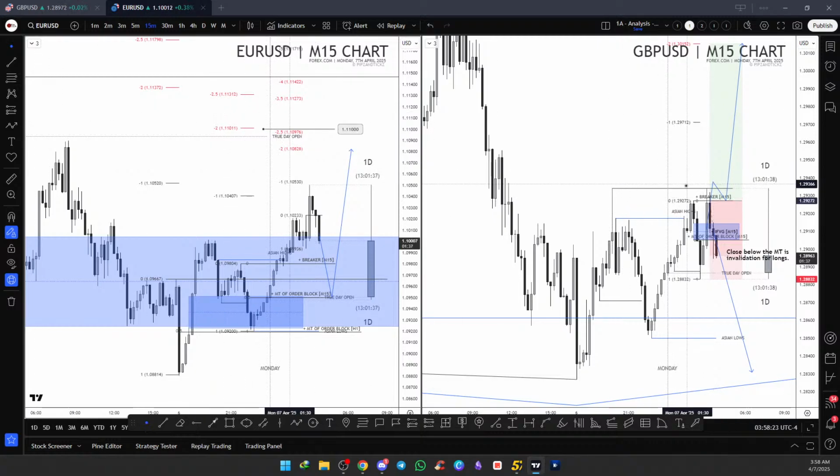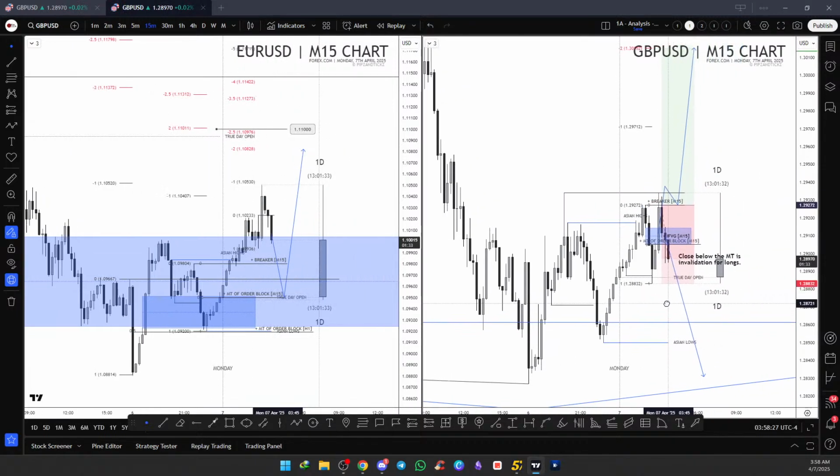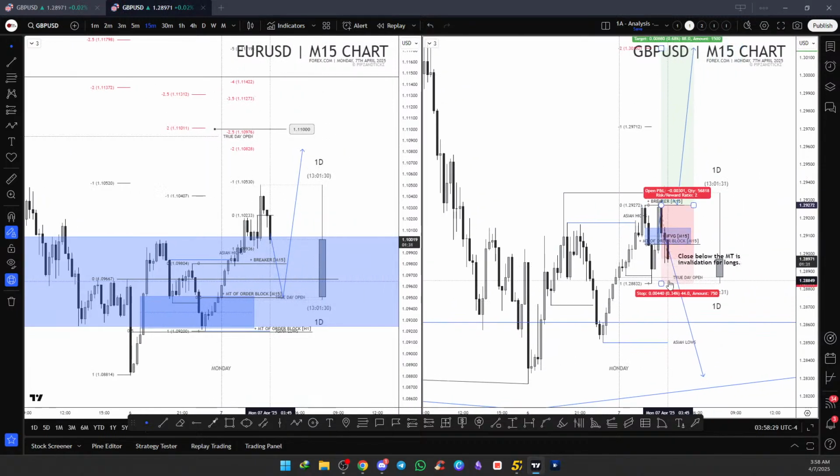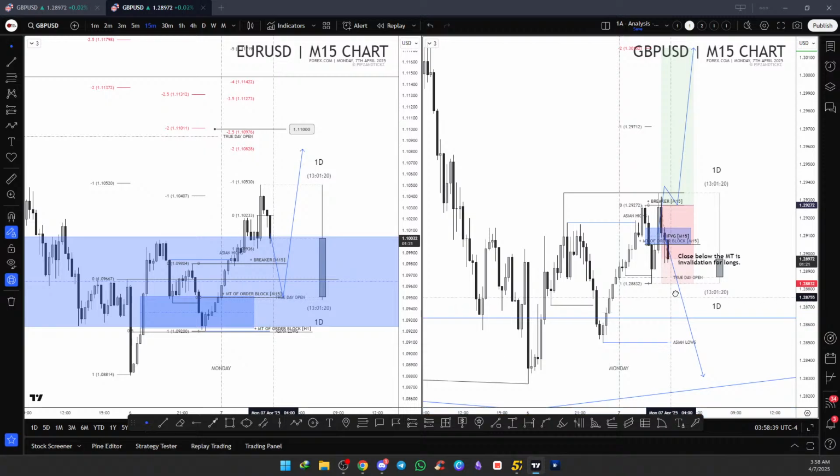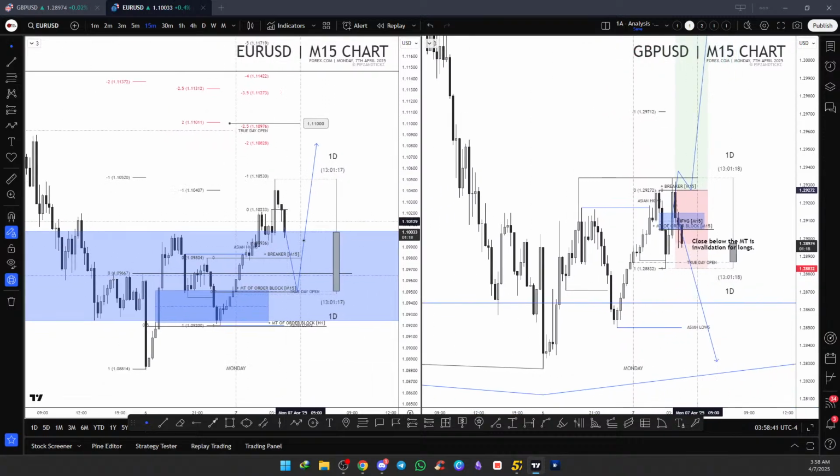We have equal highs here, so taking a short here is not a good idea. Even if price closes below the 2-day open here, we will be seeing some kind of SMT here, and we also have liquidity built up above these highs, so taking a short is definitely not high probability for GU.